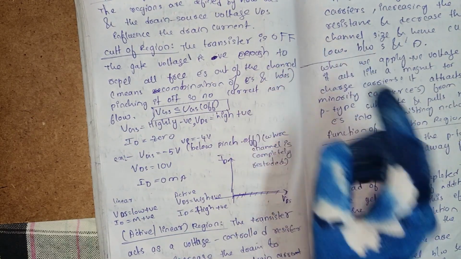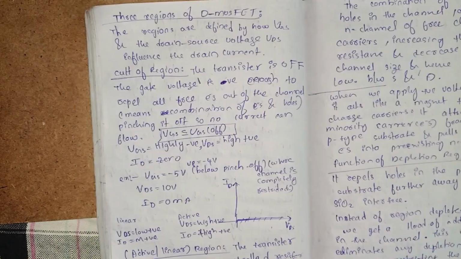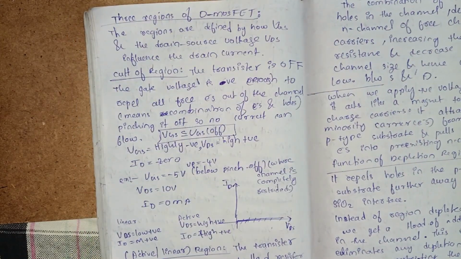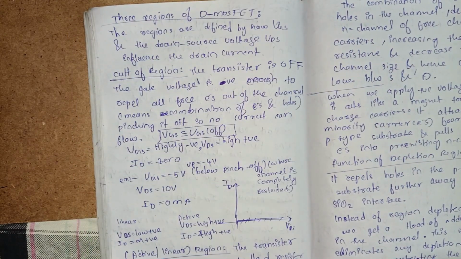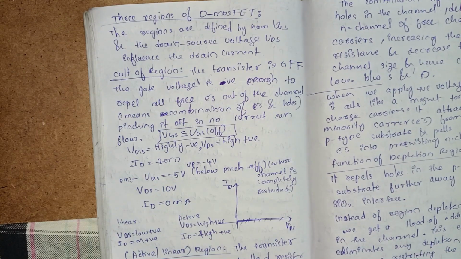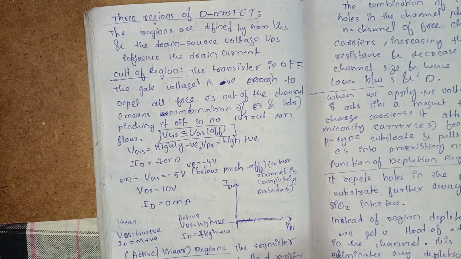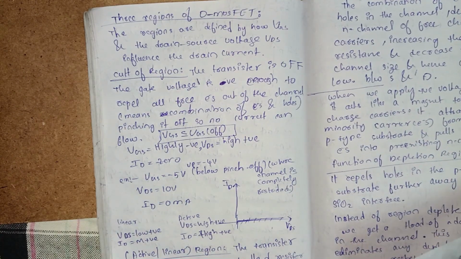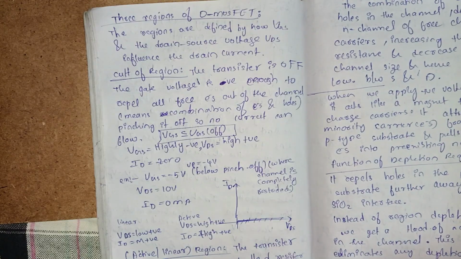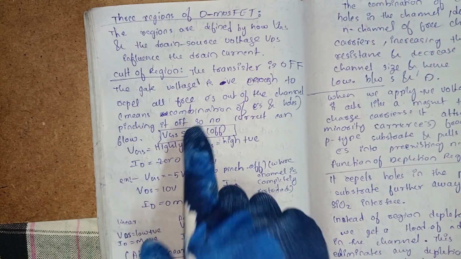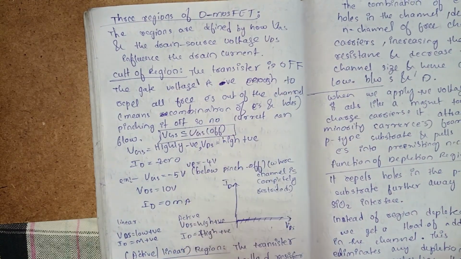So the gate voltage is negative enough that it repels all free electrons out of the channel. As we have seen in the working, combination of electrons and holes occurs.